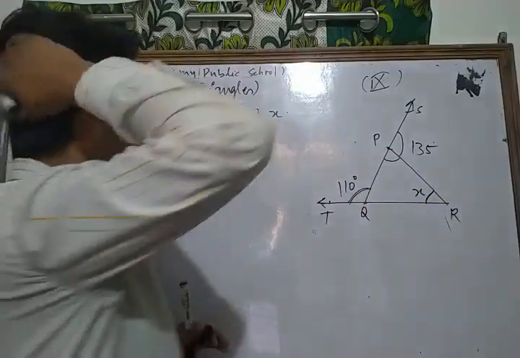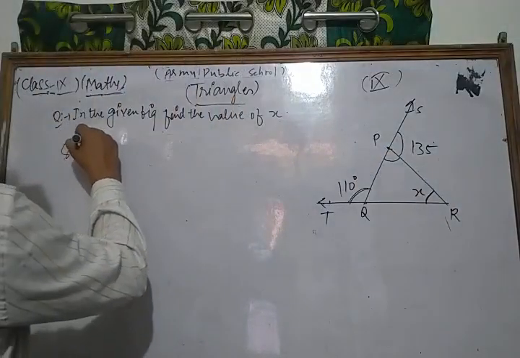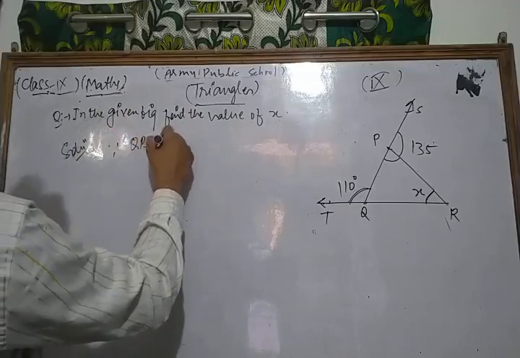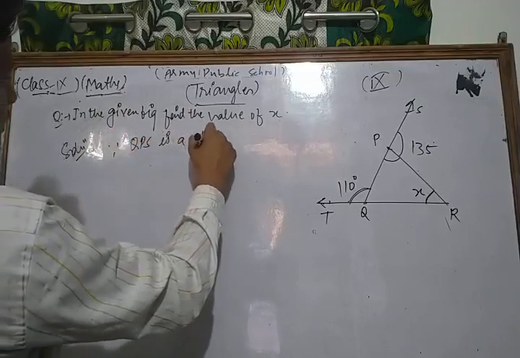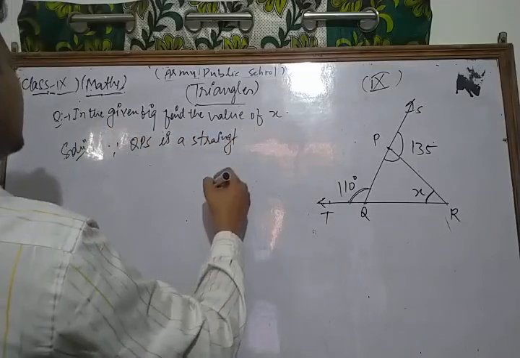Now from there, first of all we find that angle. Now let's see its solution. Since QPS is a straight line, right?